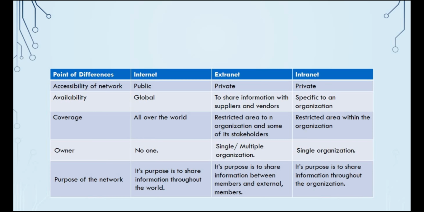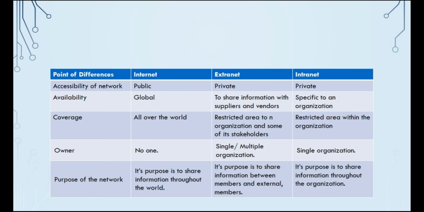So, to better understand the difference between the three nets, the first point of difference is accessibility of networks. The internet is public; extranet and intranet are private. Availability: the internet is global because everyone can access it. Extranet is to share information with suppliers, vendors, or partners, and intranet is specific to the organization alone.